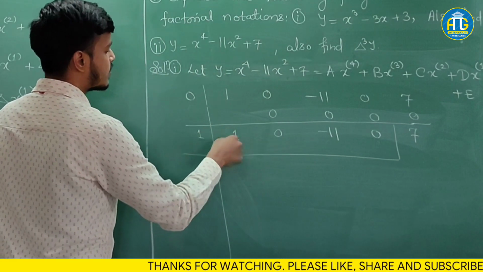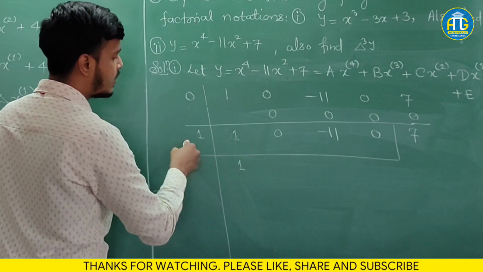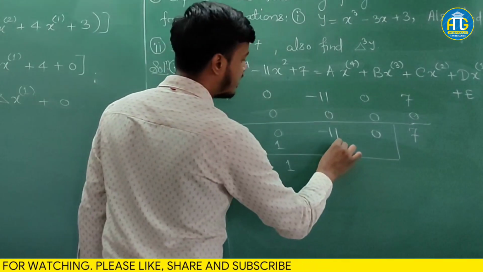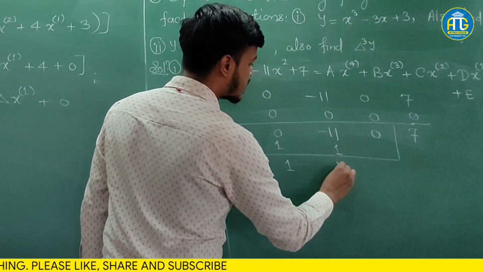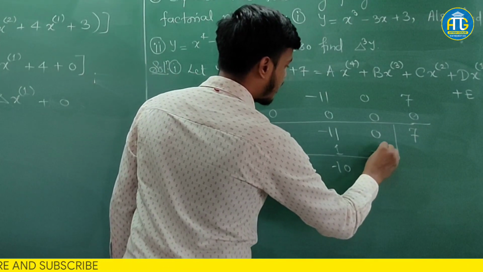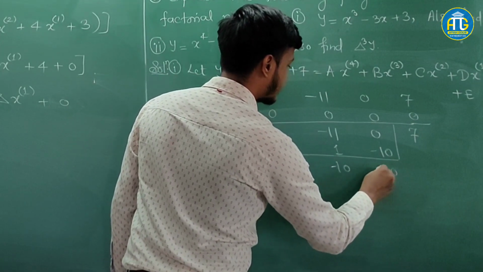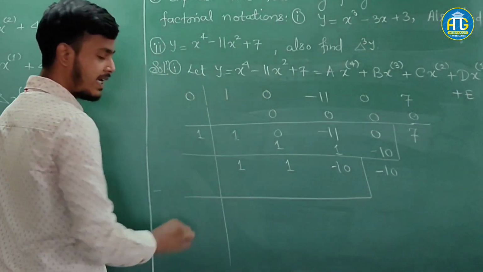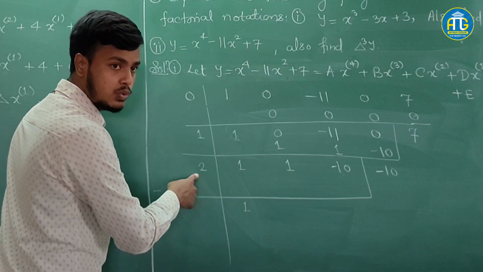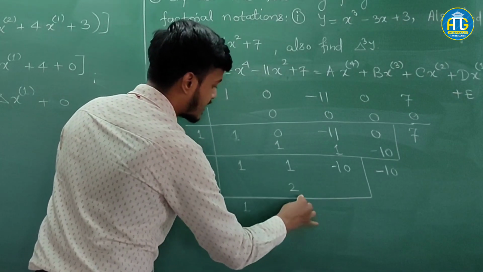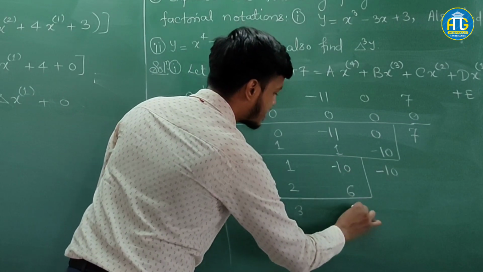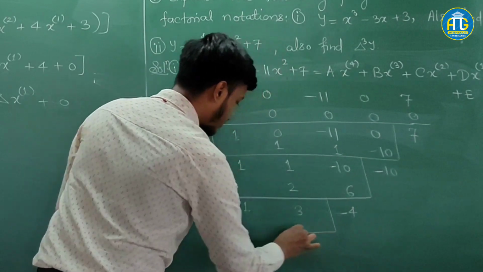Now 1. So this one as it is, 1 into 1 is 1, 0 plus 1 is 1, 1 into 1 is 1, this is 1, minus 11 plus 1 is minus 10, 10 into 1 is minus 10. Okay, now divide by 2. This one as it is, 1 into 2 is 2, 2 plus 1 is 3, 3 2s are 6, minus 10 plus 6 is minus 4.